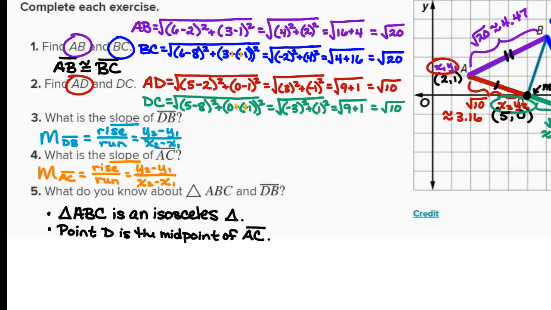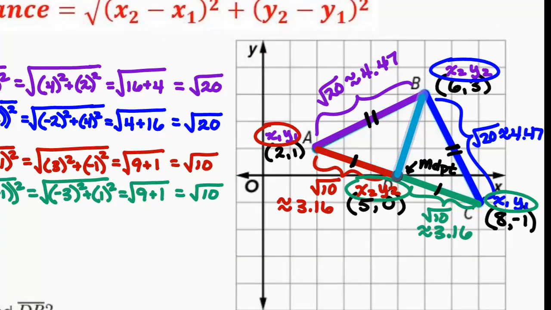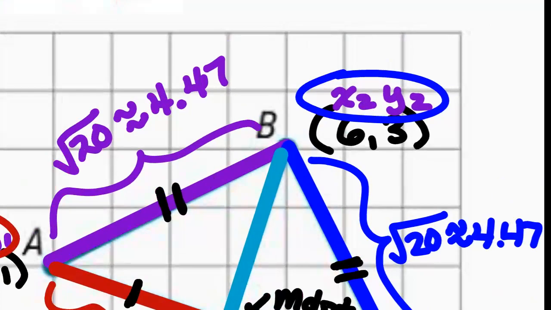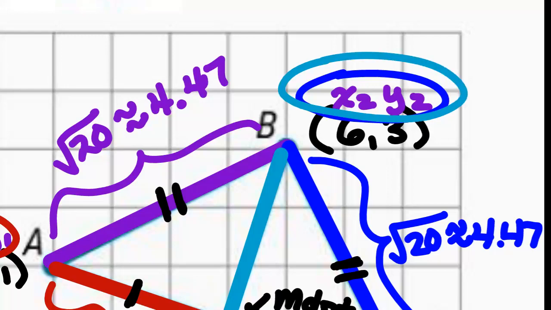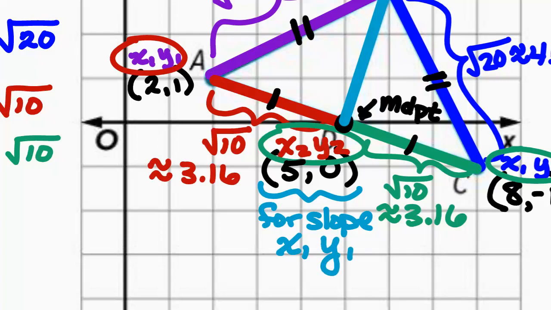All right, they asked me to find the slopes, and I haven't done that yet. So the slope of segment DB, this segment right here, I need an x1, y1, and an x2, y2. Well, I have both of these marked as x2, y2s from problems before. So I'm going to leave this one up here being my x2, y2. I just picked one, nothing special about it. And for the slope, I'm going to let this be my x1, y1.